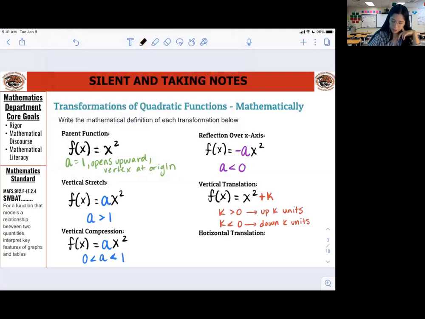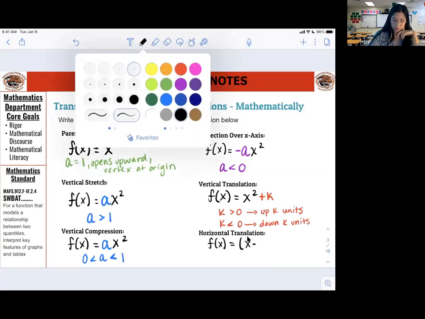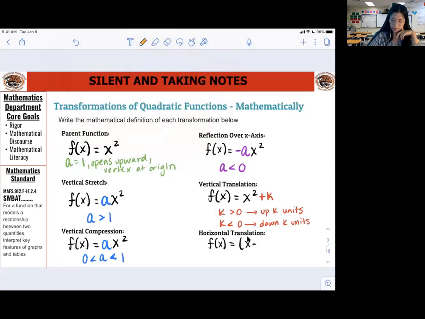And then finally, horizontal translation. The very obvious difference with horizontal is that there's parentheses. Those parentheses are a big giveaway. If you see parentheses, you know it's going to go horizontal.